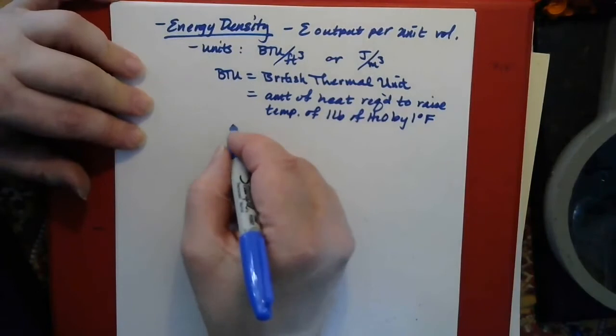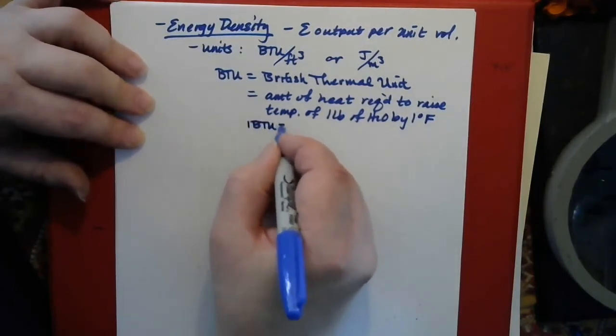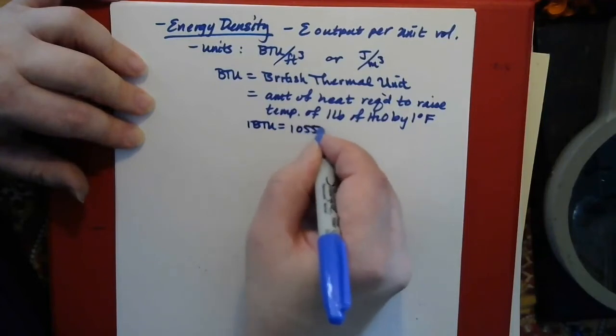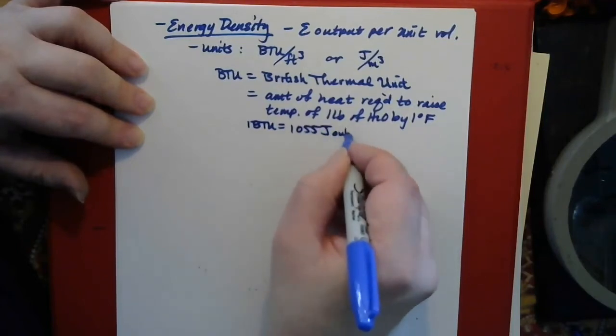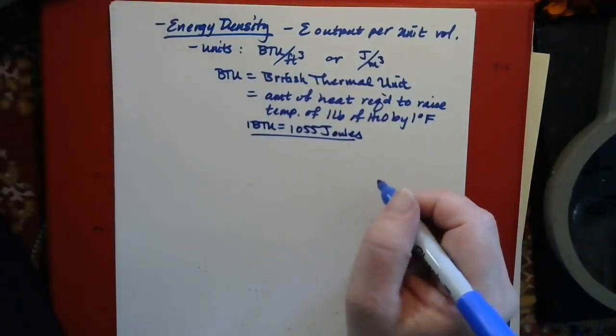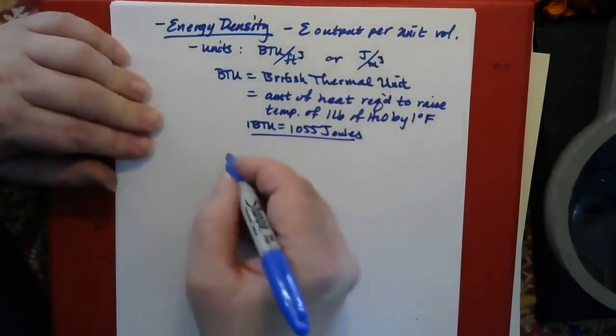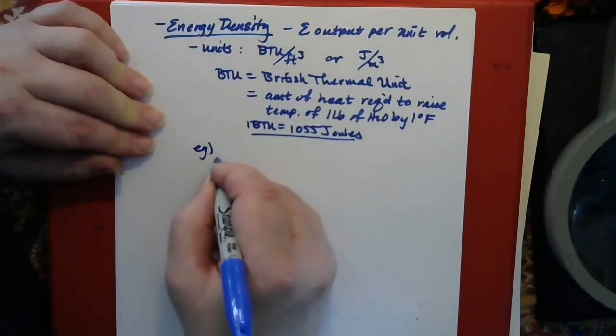Okay, and 1 BTU, the conversion factor, is 1 British thermal unit is equal to 1,055 joules. So some examples.